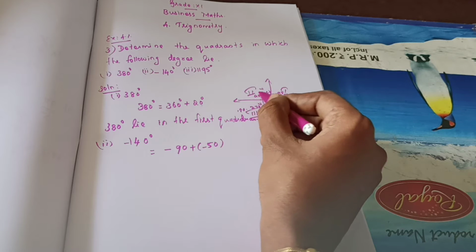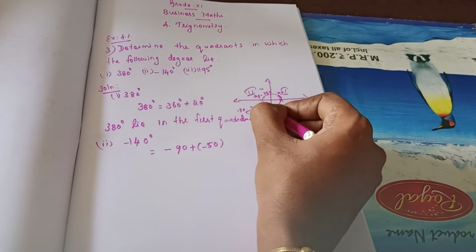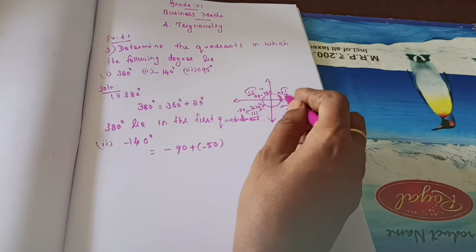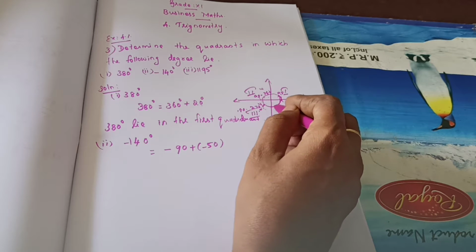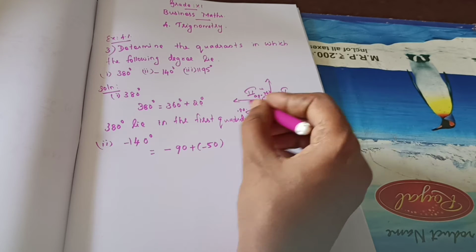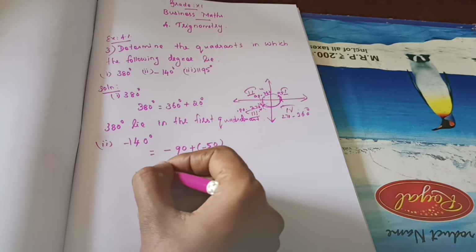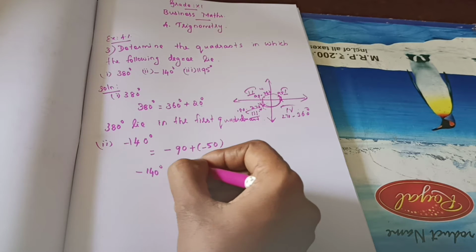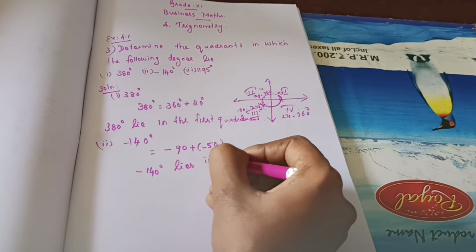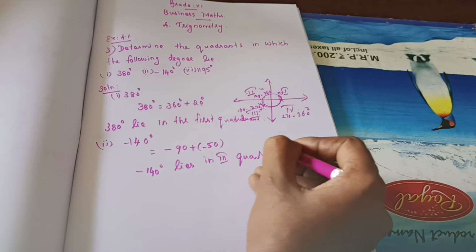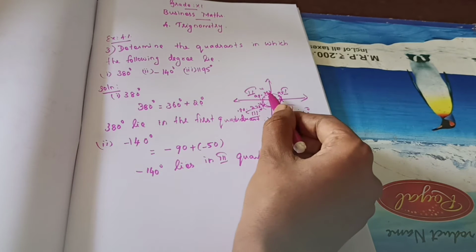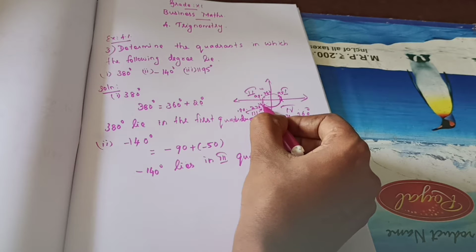But it is negative, so where do you need to take it? Here to here. Otherwise, better you can take it in the anti-clockwise direction, and here to here you can move and write. So where will it lie? Minus 140 degree lies in which quadrant? Third quadrant. Got it? Since it is negative.